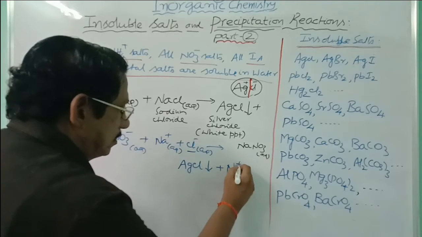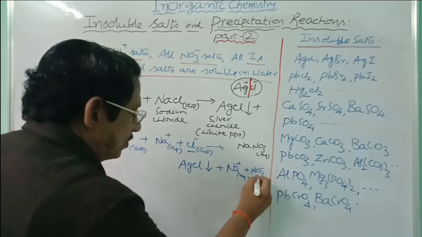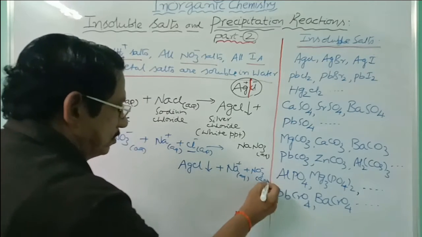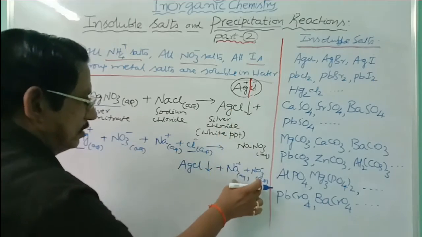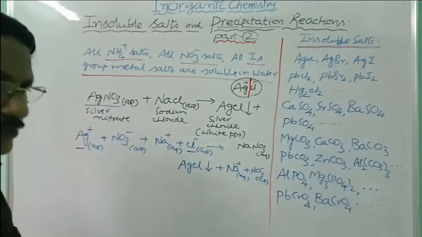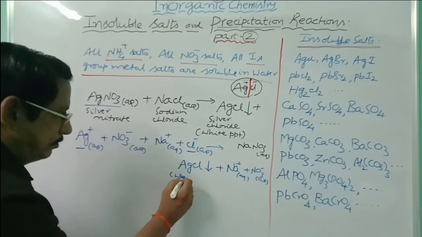Na plus in the aqueous form remains there, NO3 minus in the aqueous form remains there. As it is a soluble salt, this sodium nitrate will be in free ionic form. That won't settle down. This is the only reaction.